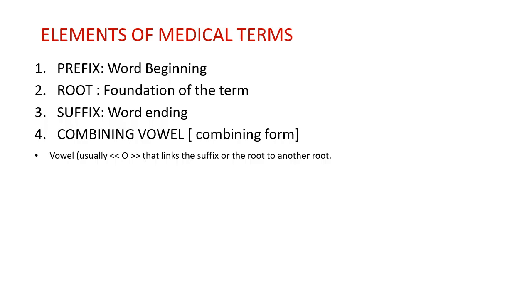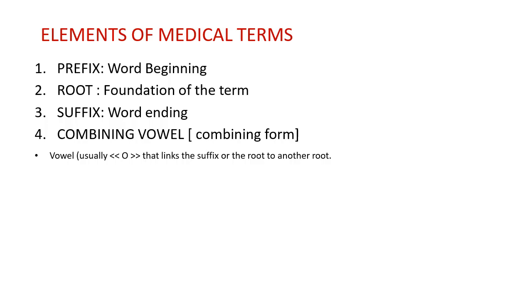Some words have a prefix, some don't, like hypertension or hypotension. Hyper and hypo are prefixes, each has a meaning. Hypo means low, hyper means high. Tension is pressure. Hypotension, low pressure. Hypertension, high pressure.